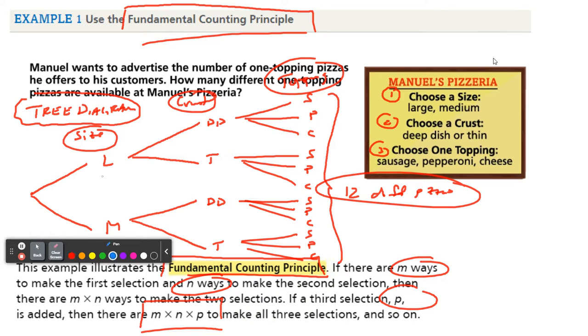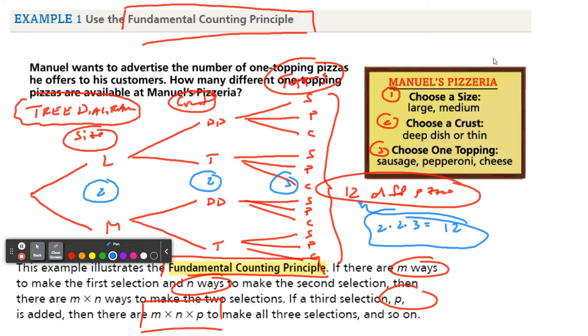In this situation, you had 2 sizes, 2 types of crust, and 3 toppings. So 2 times 2 times 3 is 4 times 3, which is 12. So it works. This is the fundamental counting principle. Very important idea.